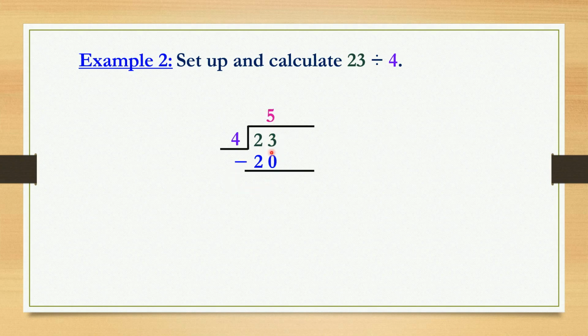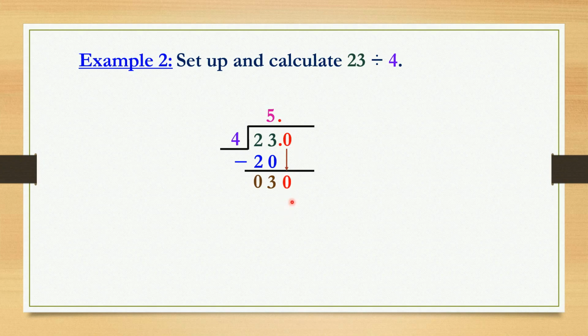Now we find the remainder. 3 minus 0 is 3, and 2 minus 2 equals 0. Now here we have no more digits to slide, so to continue the division, we add 0.0. Then we slide the 0. But here, be careful. Before we slide the 0, I place a decimal point in the quotient.